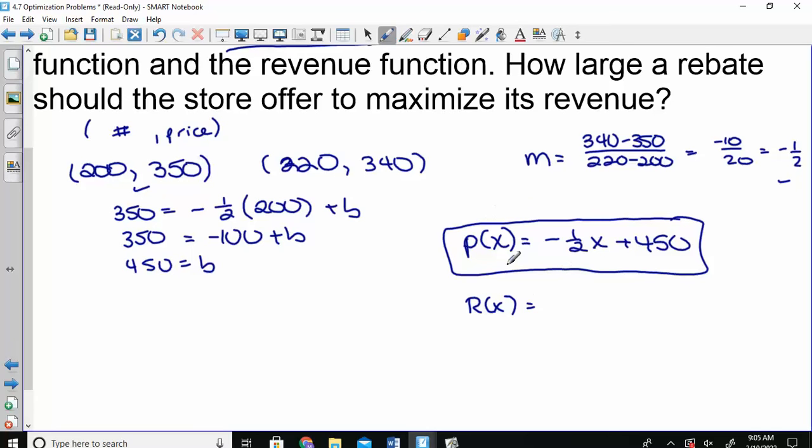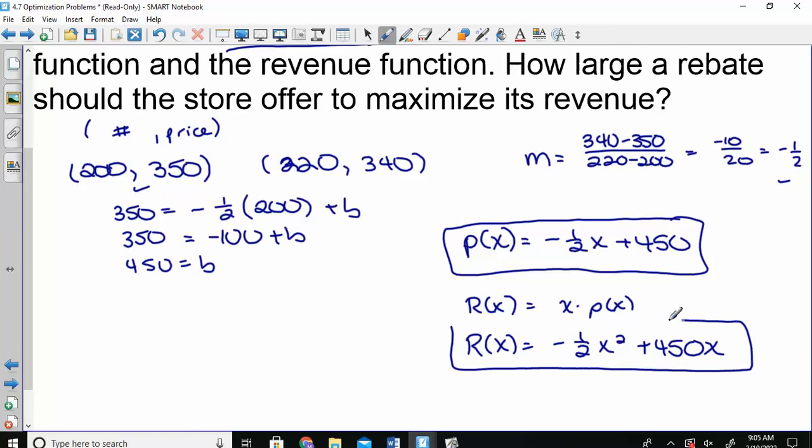Revenue is the amount of money you're bringing in. So it's the number you sell times the price you charge. So if I distribute an x through there, we get negative 1/2 x squared plus 450x for the revenue.